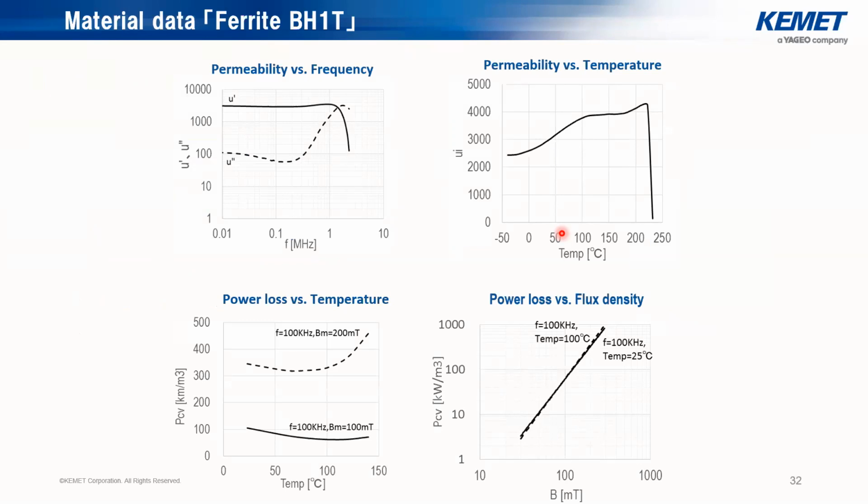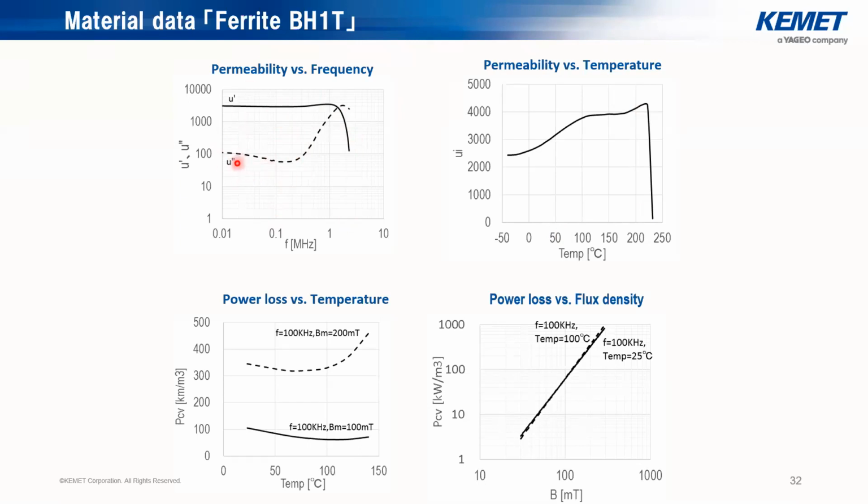For this kind of application, we have our BH1T material, which is a ferrite-based material, and it offers the required stability and low losses from the application. Here we are plotting the BH1T characteristics under different stresses. For example, we are plotting the mu prime and mu second with frequency, which are the permeability and the losses.